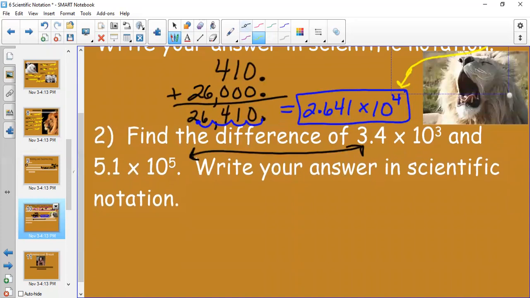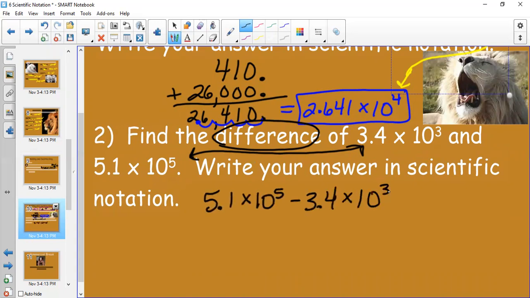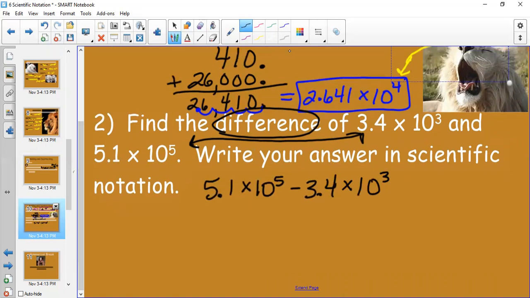All right, so again, I said there was kind of a typo in this problem. So the problem I wanted you to do, difference means to subtract. So I wanted you to take the big number here, 5.1 times 10 to the 5th, minus 3.4 times 10 to the 3rd. Okay, we're going to do the steps that I said earlier. So change them both to standard form, or a normal number.